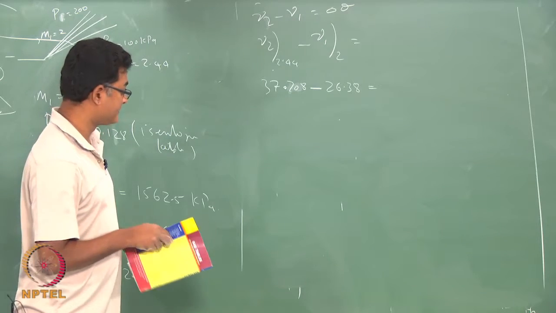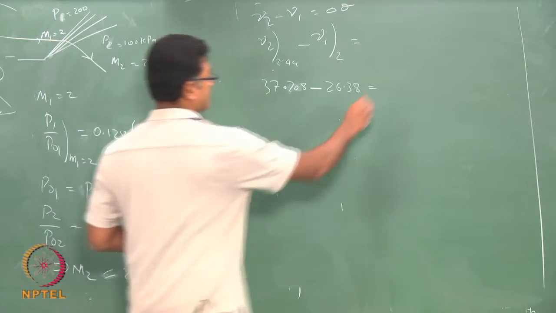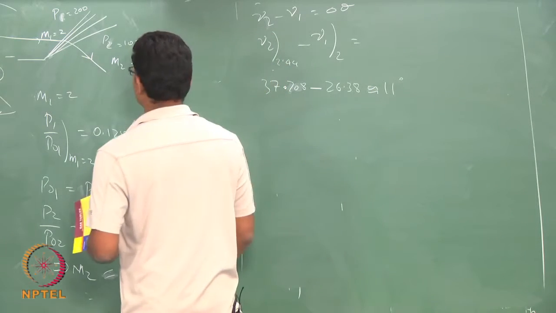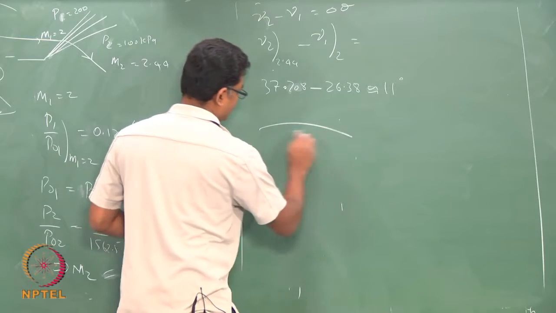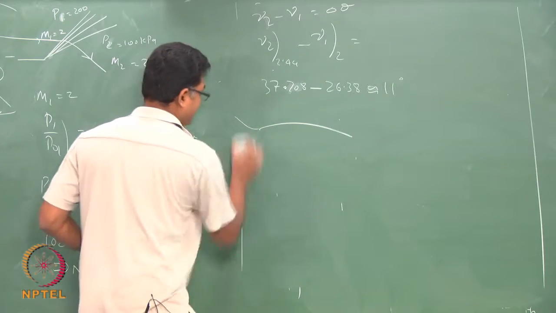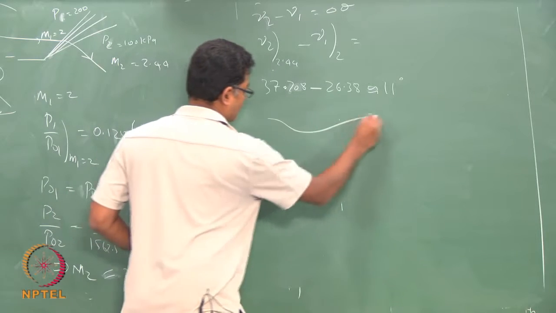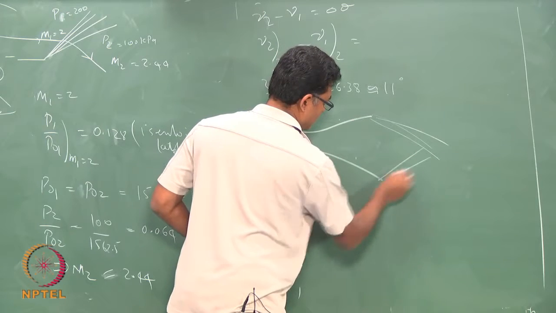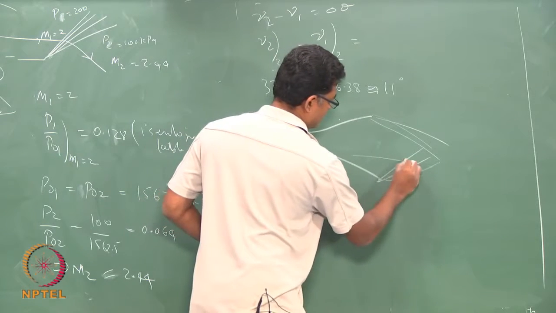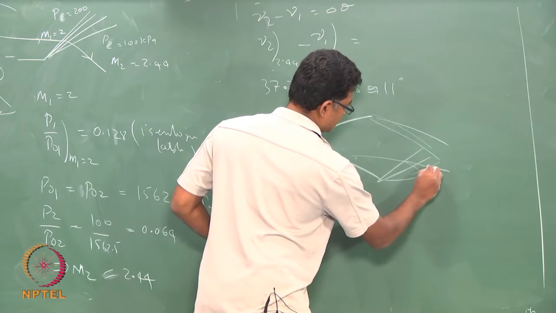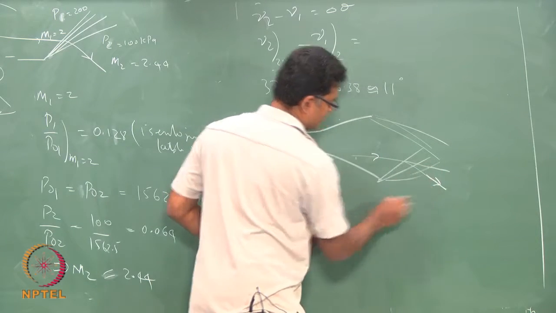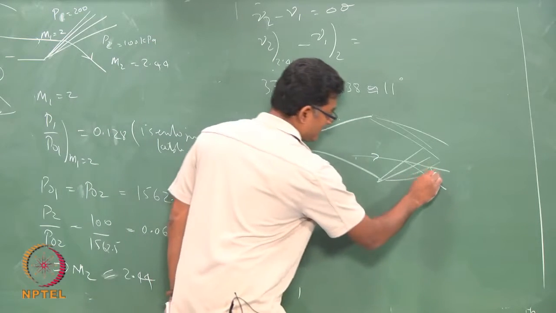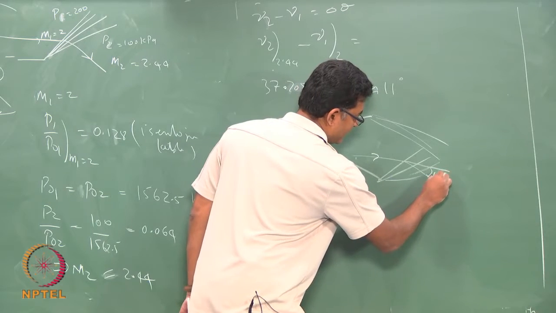Around 11 degrees. So in the jet, the velocity vector as it encounters the expansion fan turns through an angle of 11 degrees.